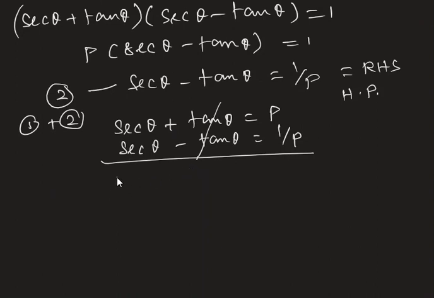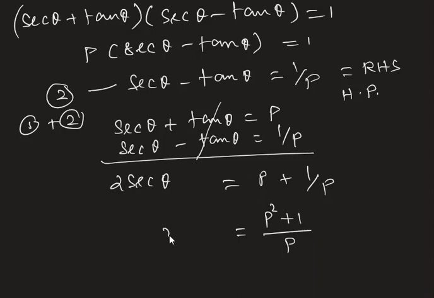So we have 2 secant theta is equal to P plus 1 by P. Now we can take an LCM. Therefore, P squared plus 1 divided by P. So this is 2 secant theta.